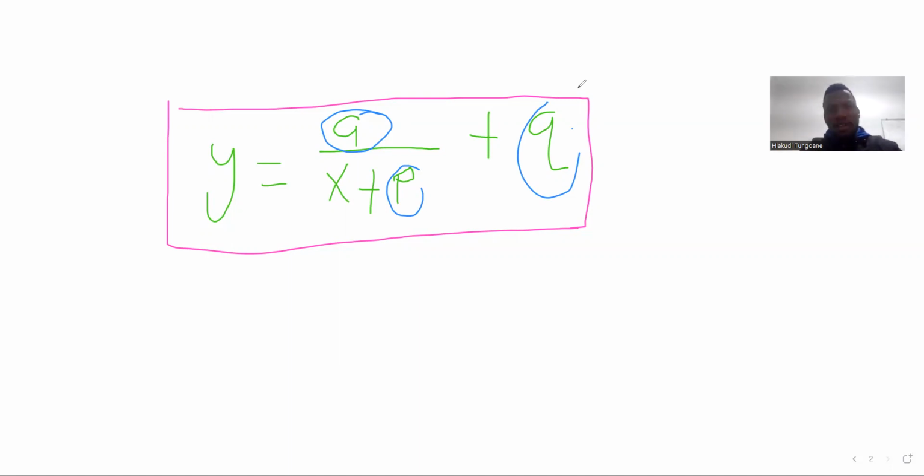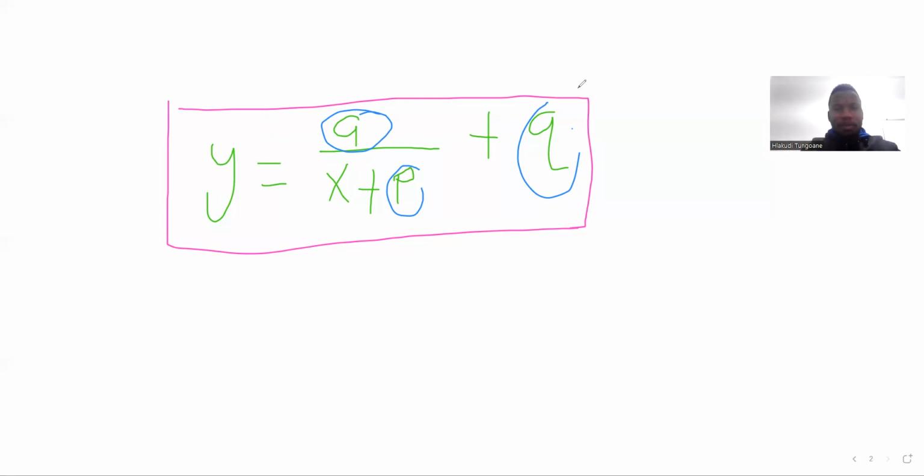So a is, as for quadratic functions, a tells you about the shape of the graph and about the gradient of the graph. The sign of a will tell you about the shape of the graph, and the size of a tells you about the gradient of the graph. The higher the value of a, the steeper the gradient, right?